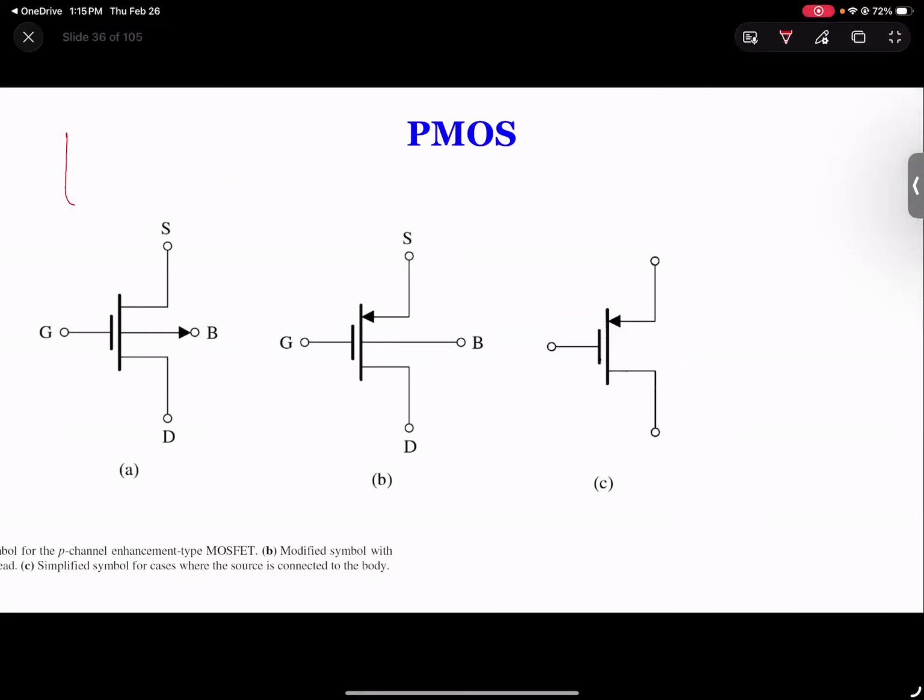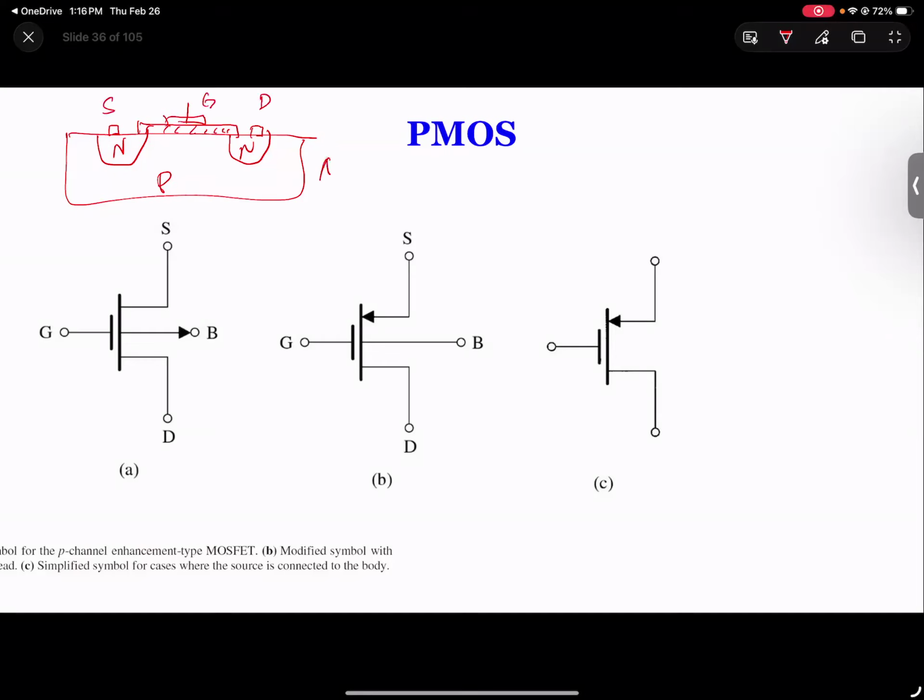NMOS is the p-type material, given n regions, and you have the insulator, right? Then you have a piece of metal here and a piece of metal here. That's your gate, that's your drain, that's your source.